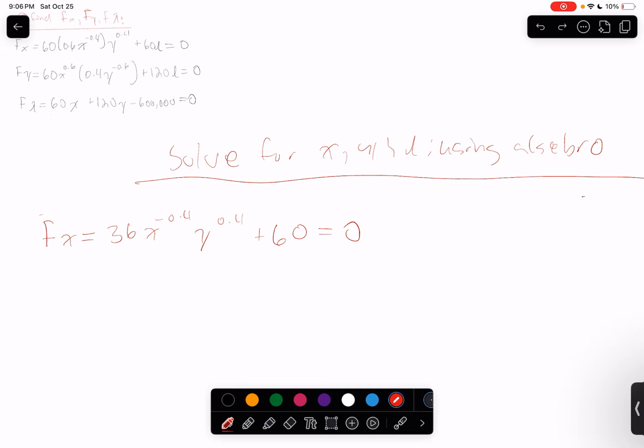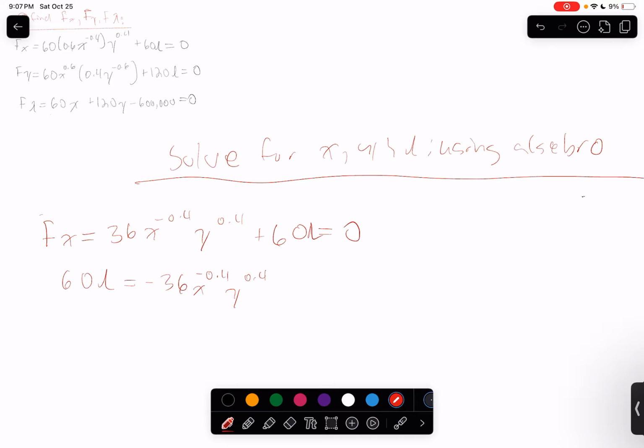All right. Now we want to start moving everything to the right in efforts to get lambda by itself, like we've done in the other equation. So, forgot to include lambda. And yeah, when we do that, we're going to see that we have 60 lambda by itself. And that's going to equate to negative 36 x to the power of negative 0.4, y to the power of 0.4.